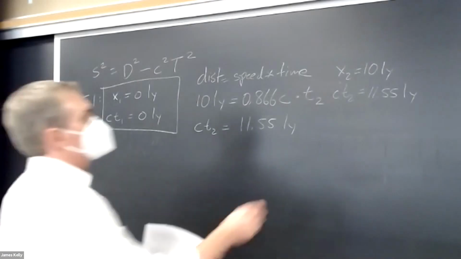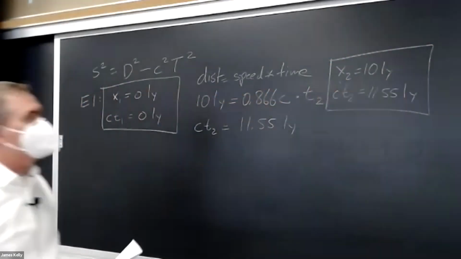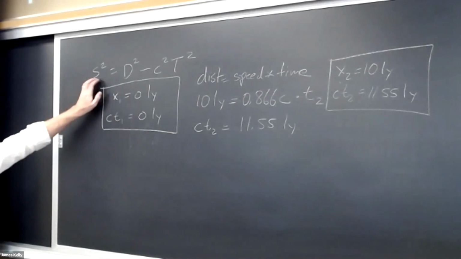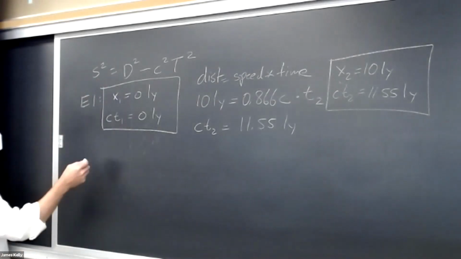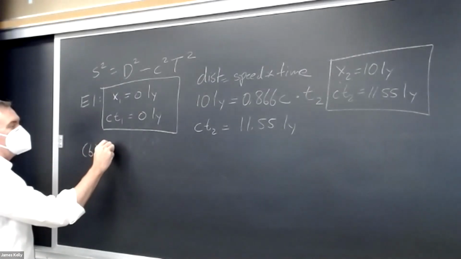And those are the other coordinates, right? So here I've got in the Earth's frame the x and t coordinates of event 1 and event 2. That's just one frame. We could have done it in the ship's frame too, and that was part of a longer worksheet where I made you check that the interval was the same. But in any case, now I can just throw that into this interval formula. This is part B. Calculate the space-time interval, or just the interval.